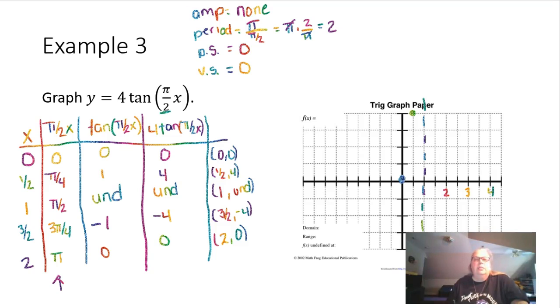At 3 halves, we're going to be at negative 4. That's going to be down here. I guess y'all can't see that. There's going to be a dot down there. And then at positive 2, we want to be back here at 0. All right. So our tangent curve is going to do something like this right here. And that's it.